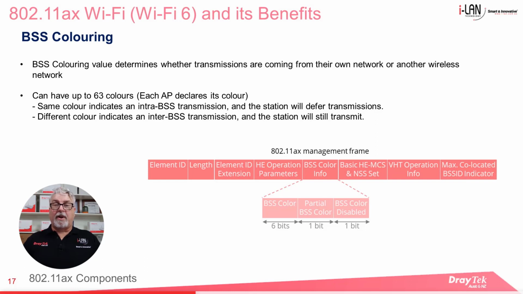In the 802.11ax management frame, we have the BSS color info byte, of which 6 bits defines the color, giving us 63 possible colors. The same color indicates an intra-BSS transmission, and the station will defer transmissions. A different color indicates an inter-BSS transmission, and the station will still transmit data.